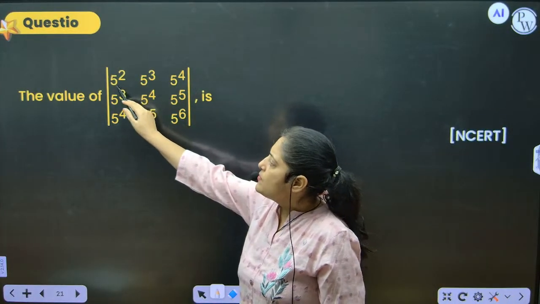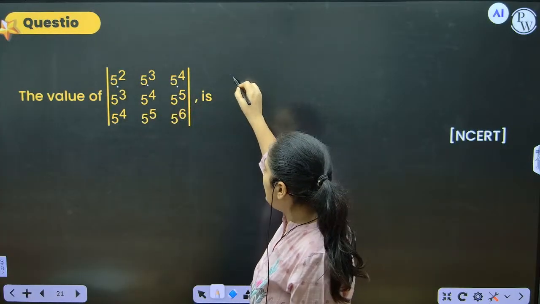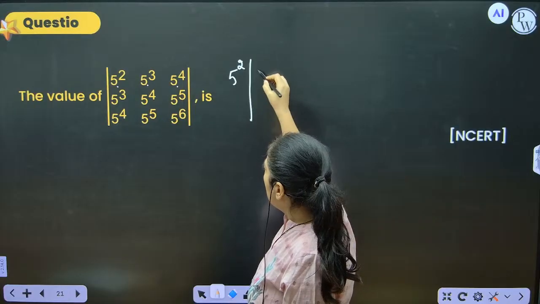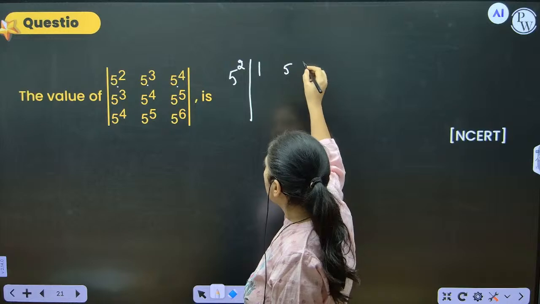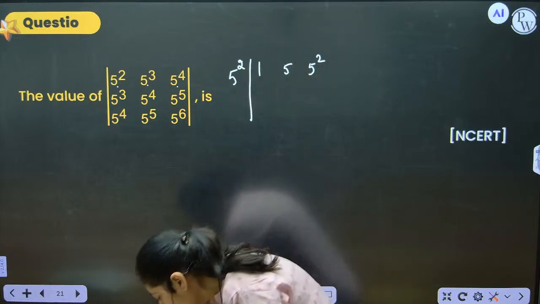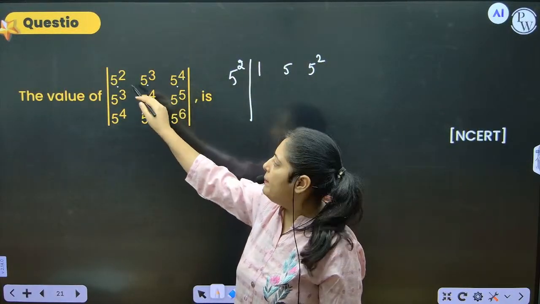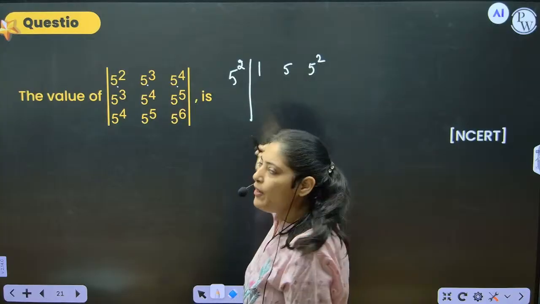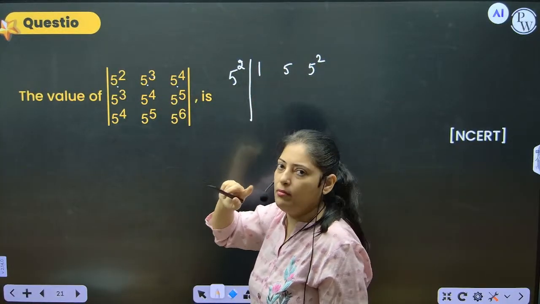What I can do is 5 square is here, 5 square is here, 5 square is here also. So I'm taking 5 square common. This will be left with 1 only, this will be 5 and this will be 5 square, because out of 4, if I take 2 common, 2 will be left. Out of 3, if I take 2 outside, only 1 will be left.